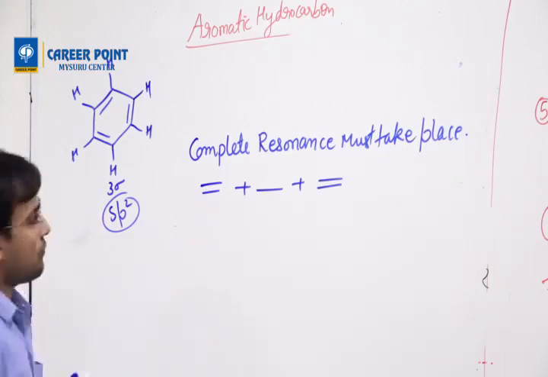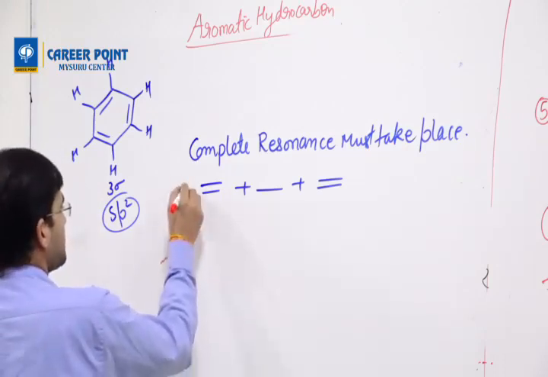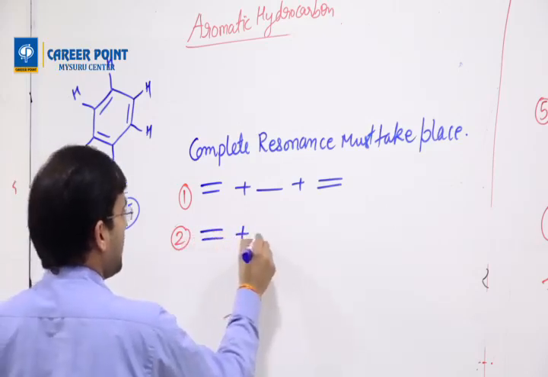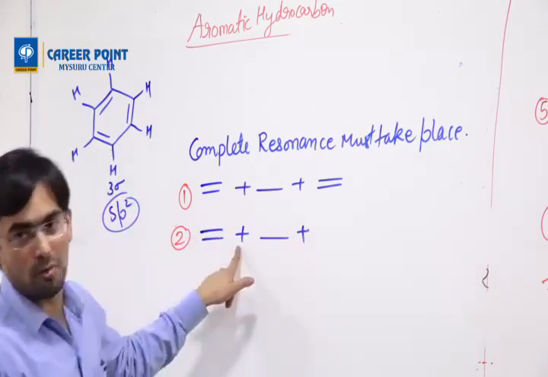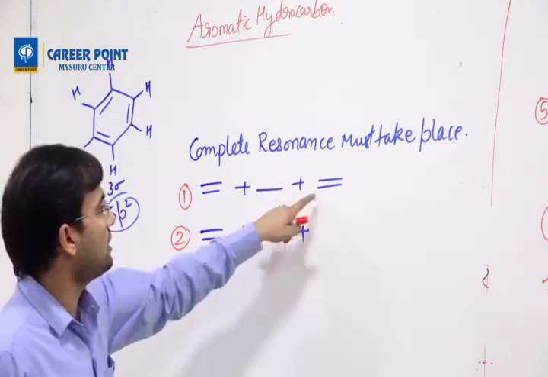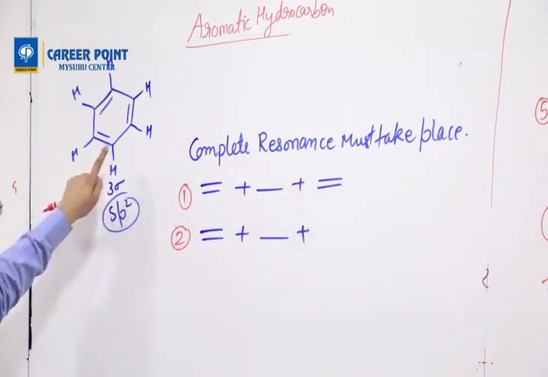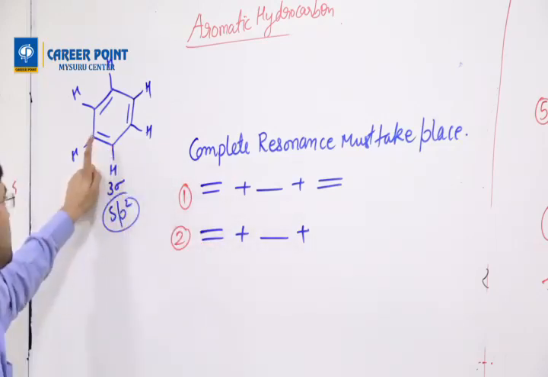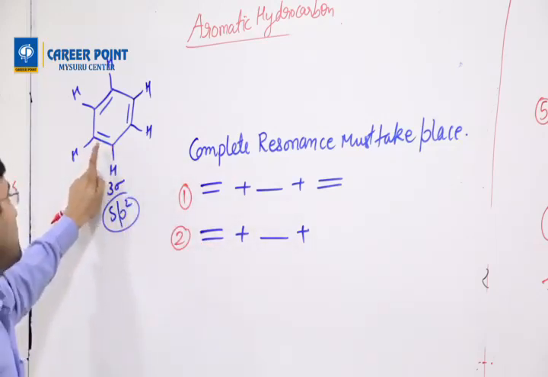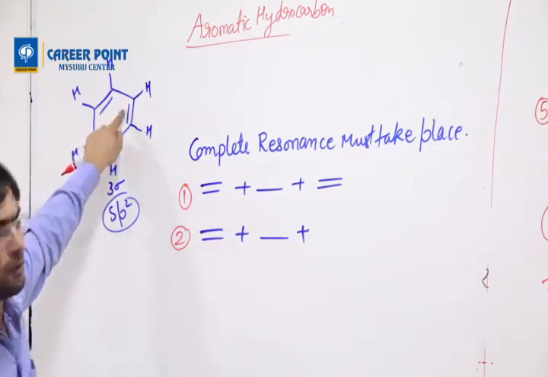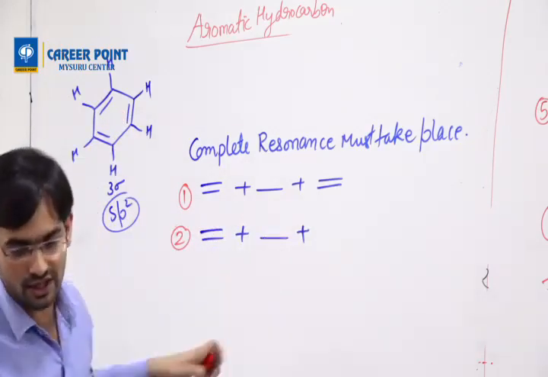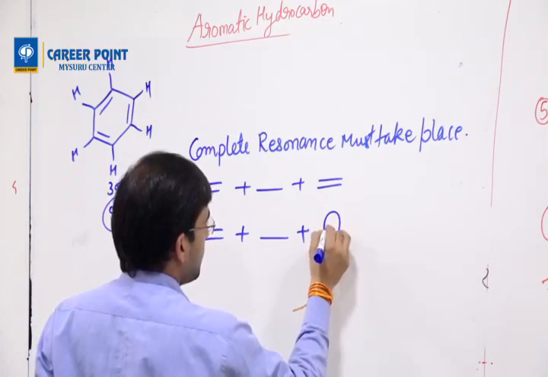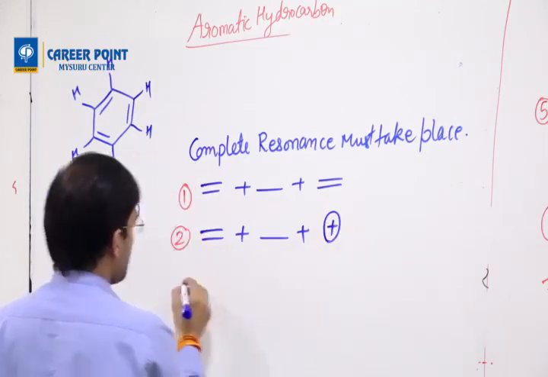This is your first condition. The plus here is not there; the plus just means an atom. So: double bond, single bond, double bond. Then double bond, single bond, positive charge.